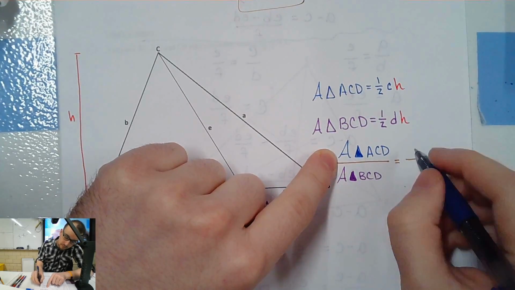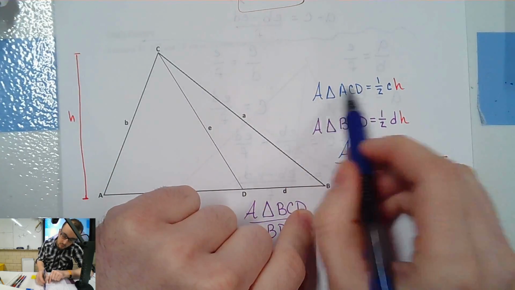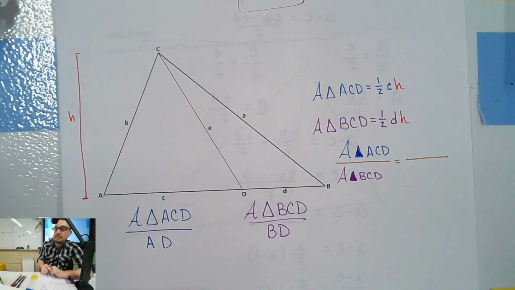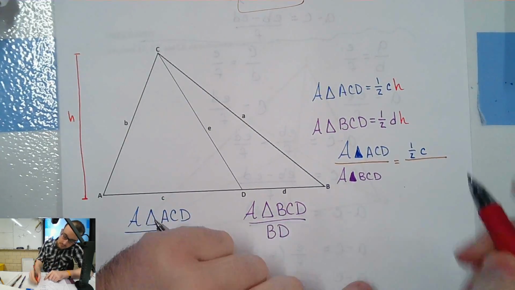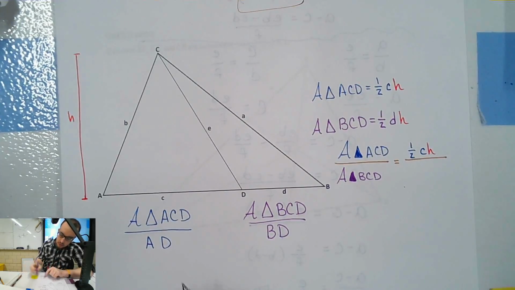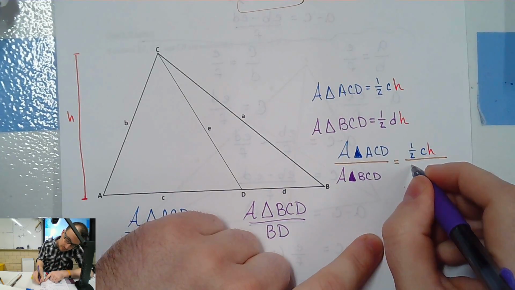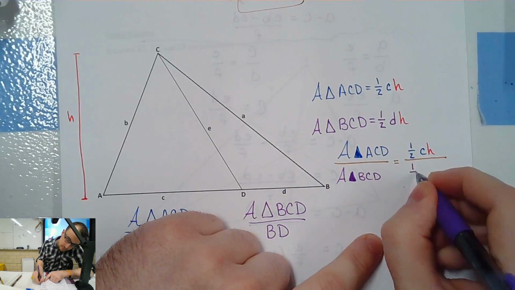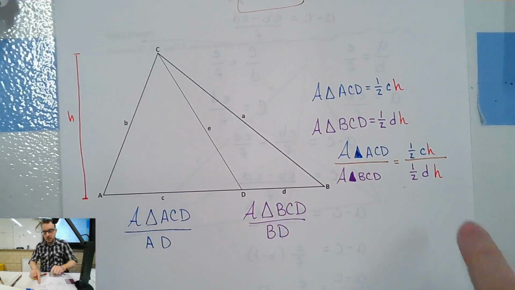Yep, go ahead, Shelby. The top part right here? Half c times h. And what's the bottom going to be? Half dh, right? Now, what do you notice about this fraction?